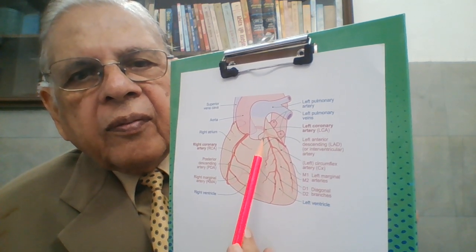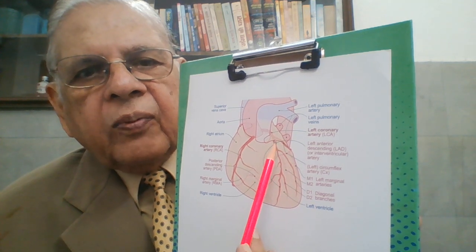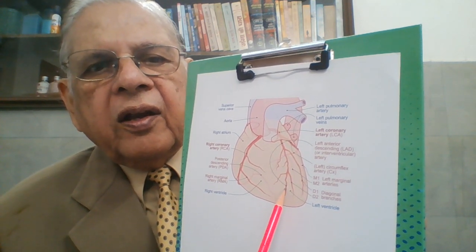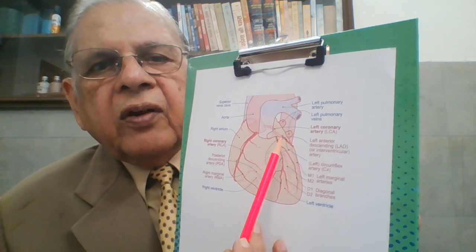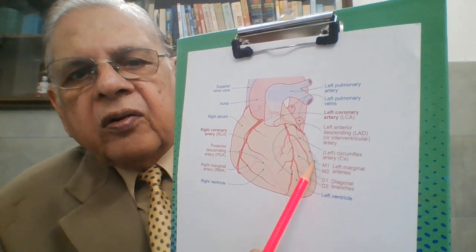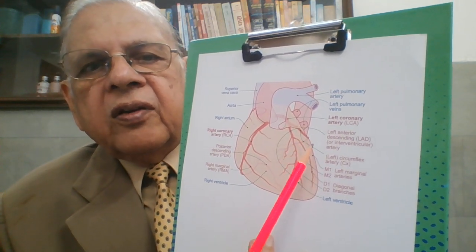This is the left coronary artery, which divides at this place into one branch like this. This is the left anterior descending artery, and the one branch which is going like this, this goes around the heart like this. This is the left circumflex artery.